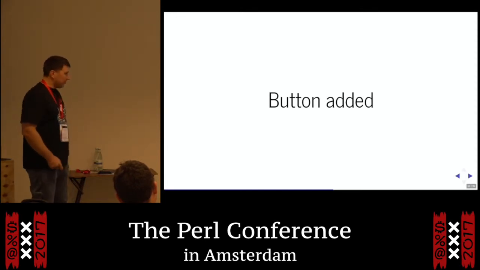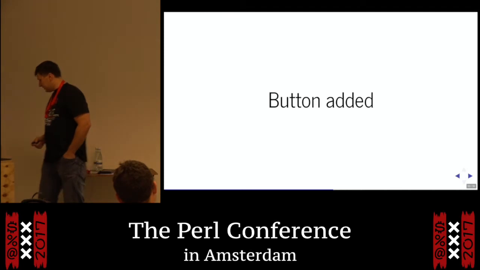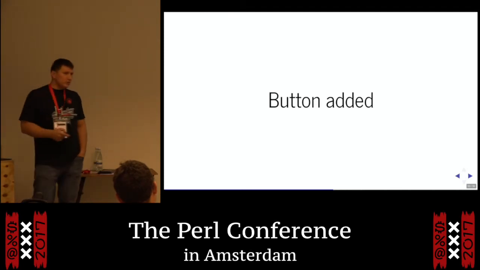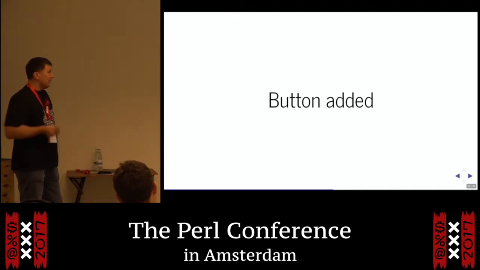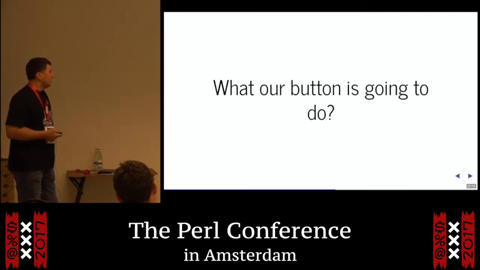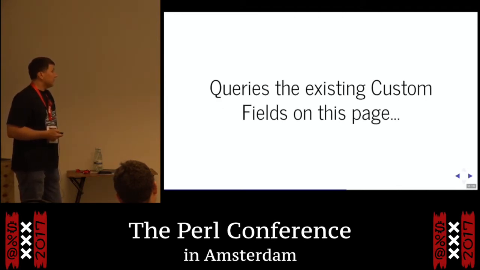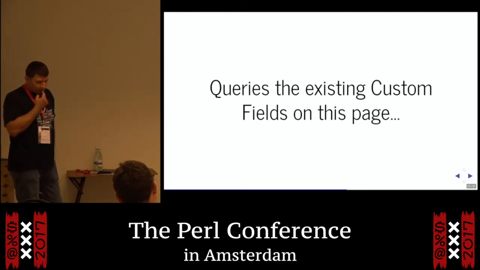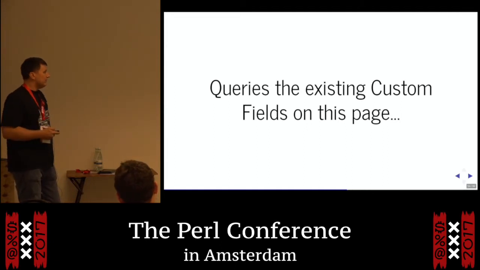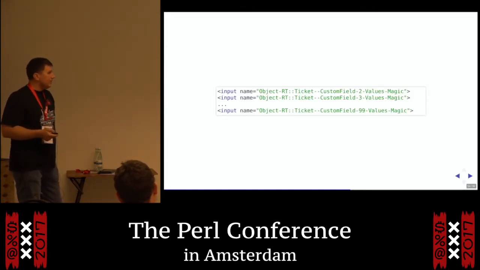Okay, so we have a button, and what do we need to do next? We possibly need to bind some JavaScript code to it. So the JavaScript code can essentially look for every custom field on the page and send these values.